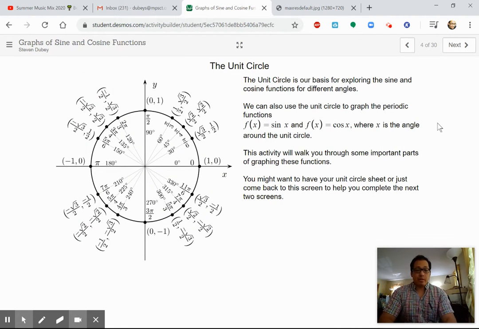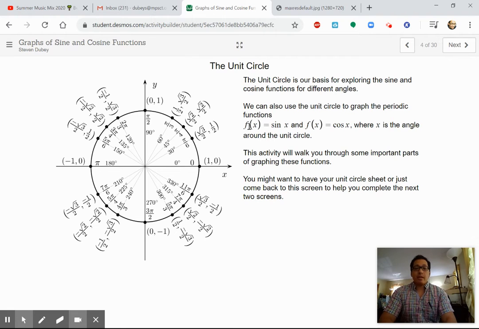So here's the unit circle, which you might hopefully remember now, or at least have memorized most of these special coordinates, these special angles. This is going to be the basis for the sine and cosine functions that we're going to graph today.